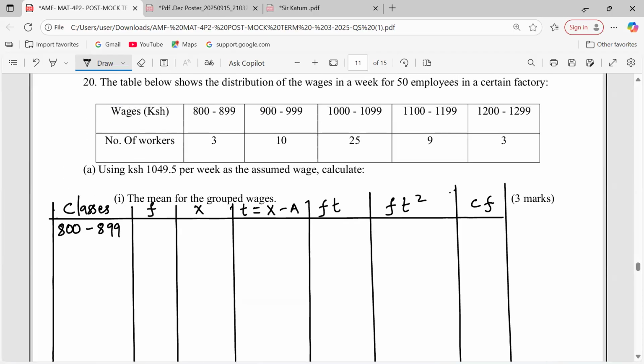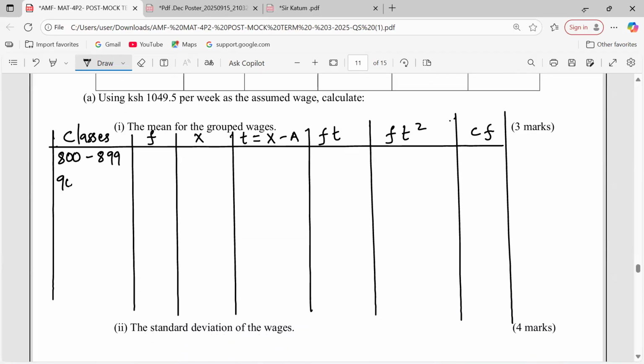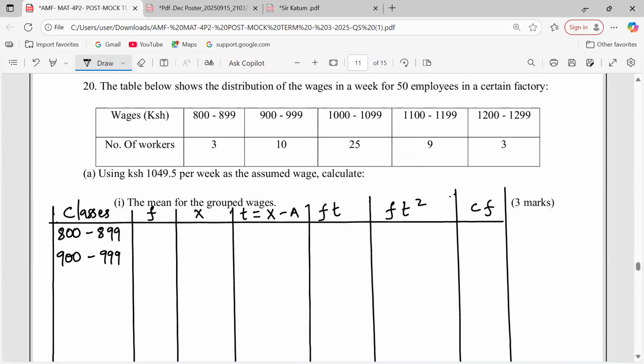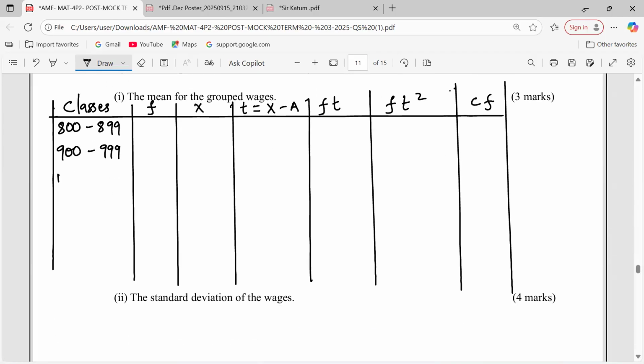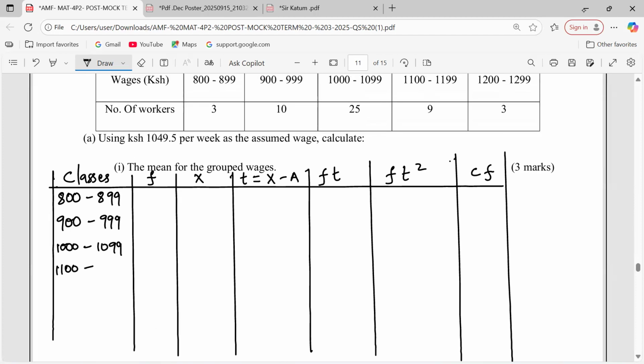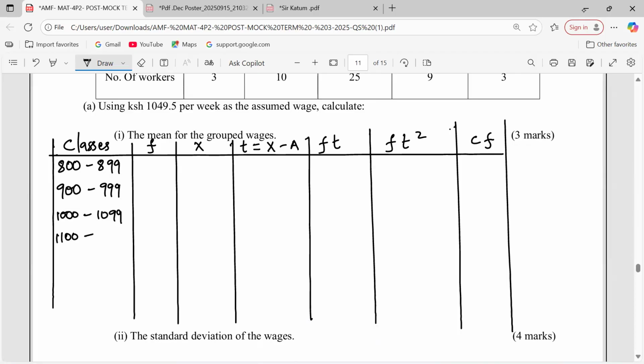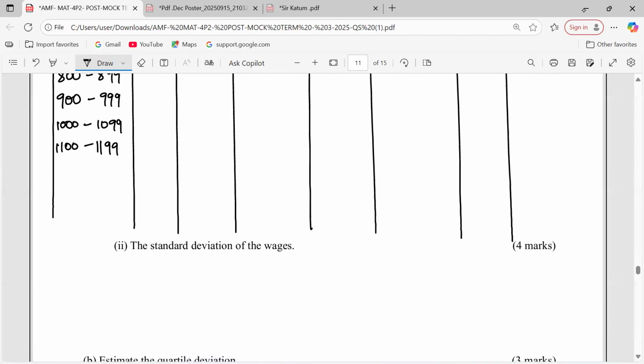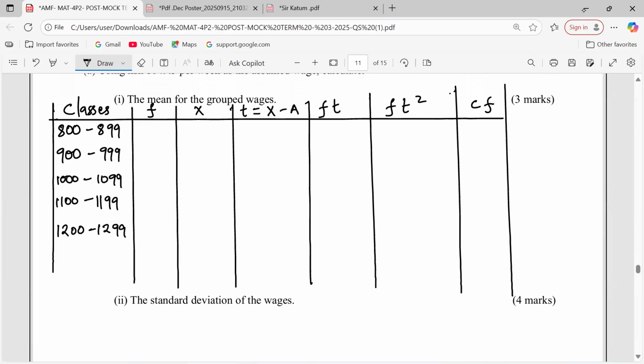Then 900 to 999. Then 1,000 to what? We check that. 1,000 to 1099. Then 1100 all the way to 1199. Then 1200 to 1299. These are the classes properly displayed.